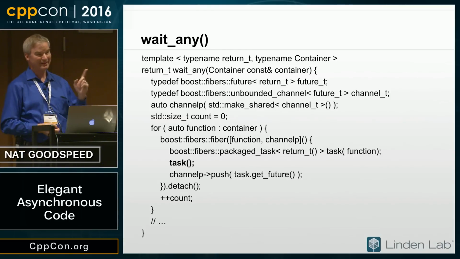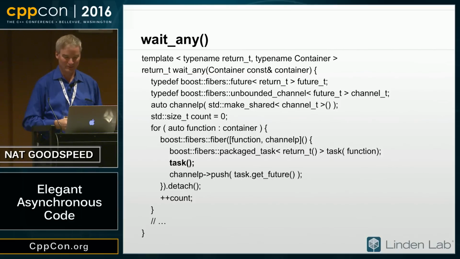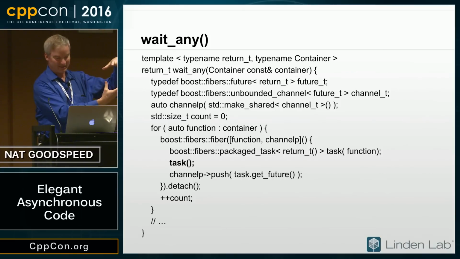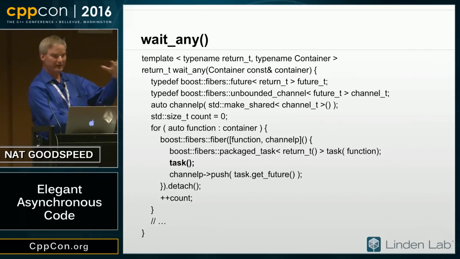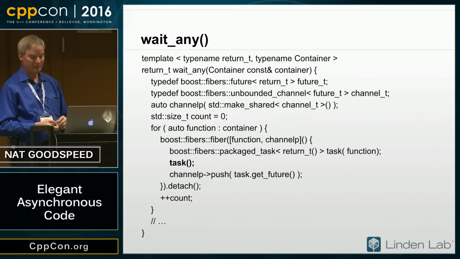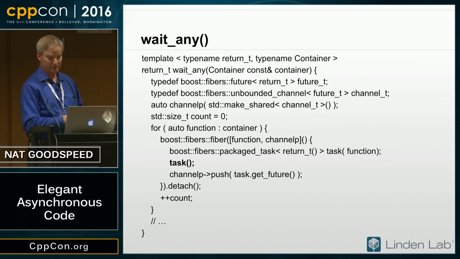Then we directly call the package task. This is a somewhat unusual use of a package task. Normally, you might think of launching a package task on its own fiber, using its future to wait for results. But here, we're already on a new fiber. The point is this. We want our lambda fiber to wait until the bound function either returns or throws.